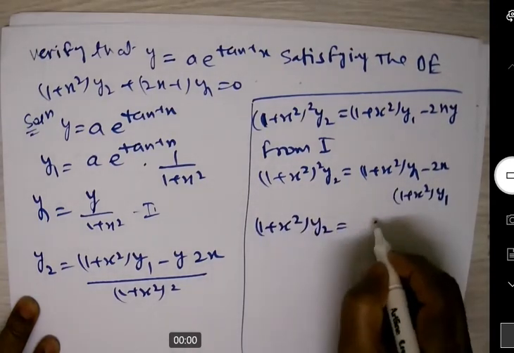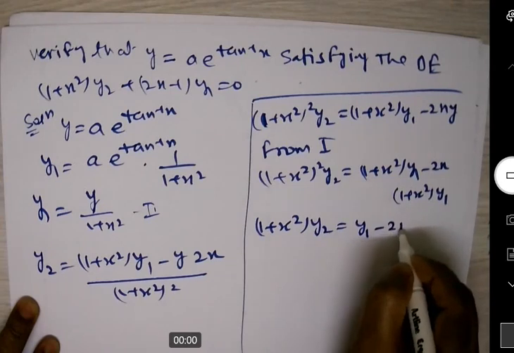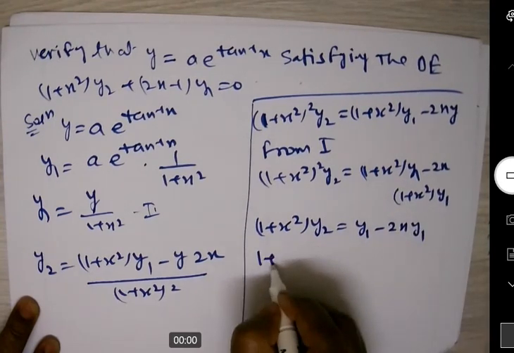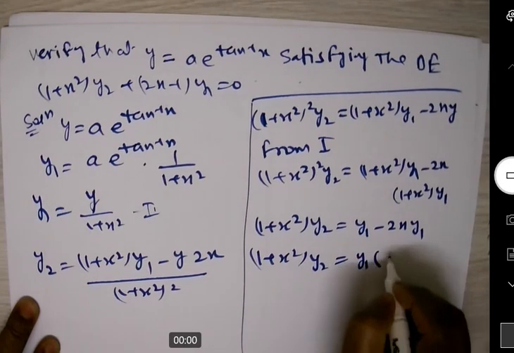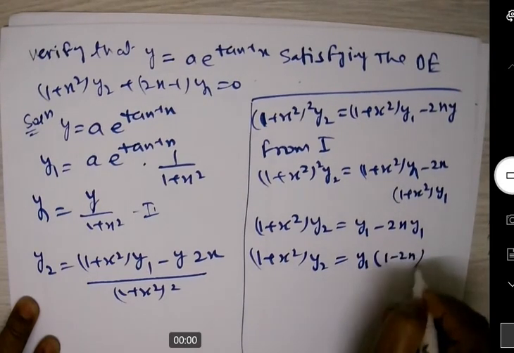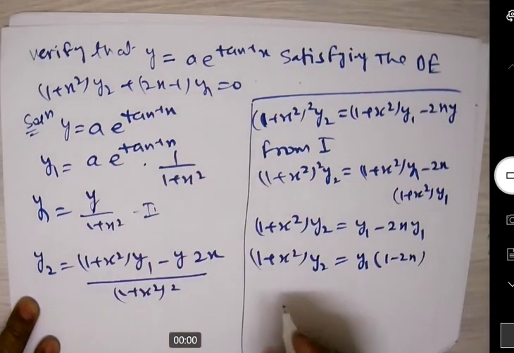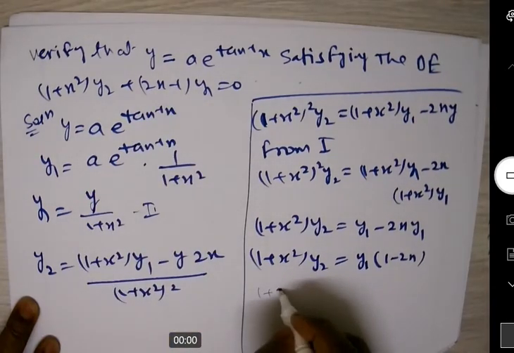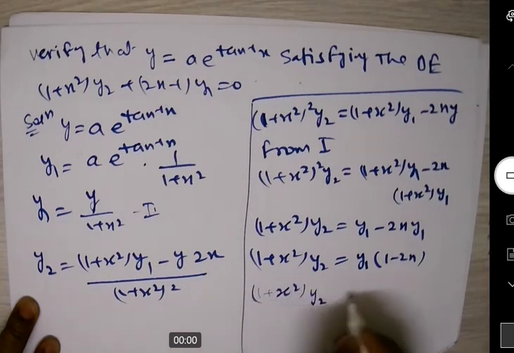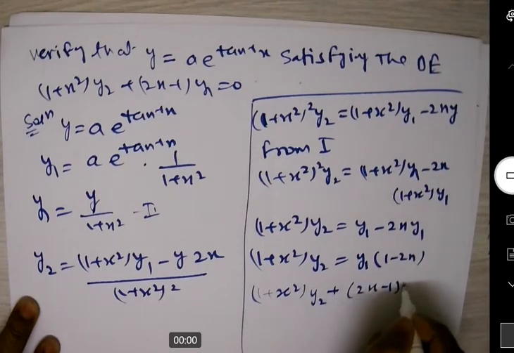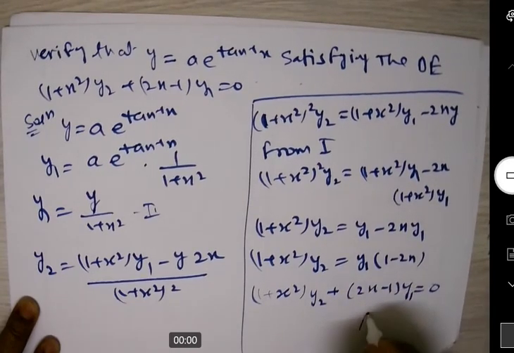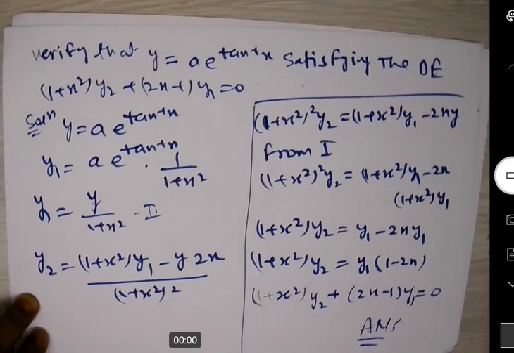So we get like that: y1 minus 2x y1. Now 1 plus x square y2, keep y1 common here. So it comes 1 minus 2x. But he needs this one. So replace this here: 1 plus x square y2 plus 2x minus 1 y1 equal to 0. See that one, hence satisfied. That means this is your answer. Hopefully you understand, my dear student.